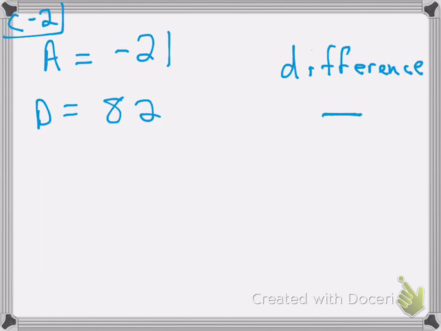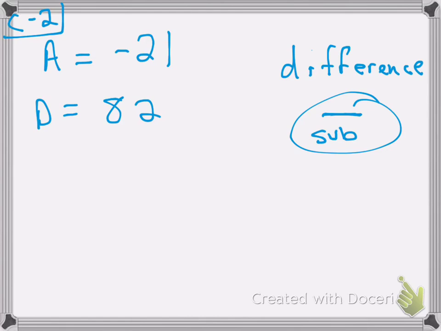All right, this one says it is negative 21 degrees in Anchorage, Alaska, and 82 degrees Fahrenheit in Dallas, Texas. What is the difference between the temperature in Dallas and the temperature in Anchorage? Okay, so difference means to subtract. You can see my little subtraction here.